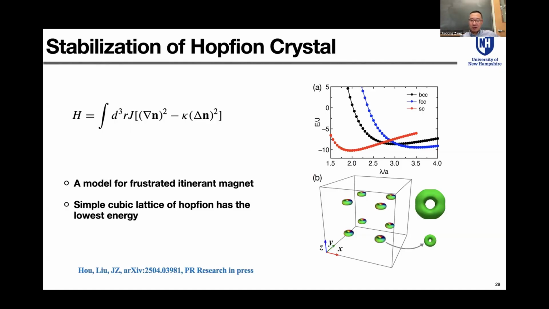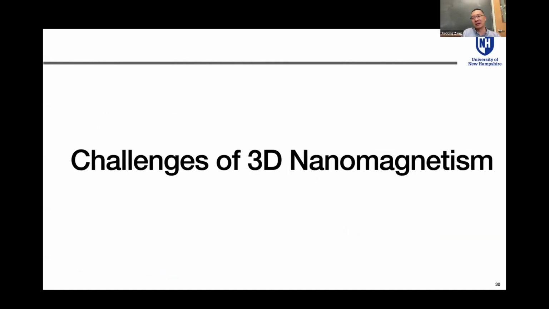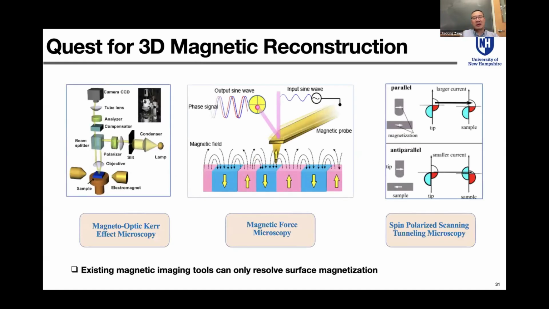And so the Hopfion is interesting, but we are still seeing that there are a lot of challenges in the Hopfion, or generally speaking, in the 3-dimensional topological spintronics. So one challenge is the imaging.